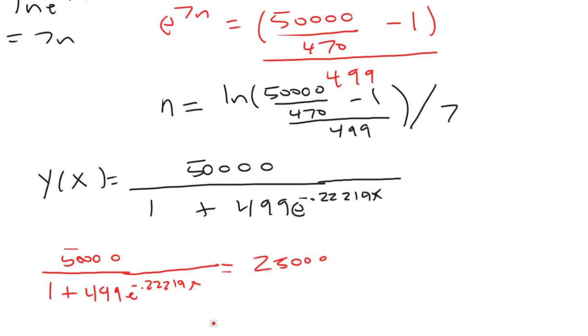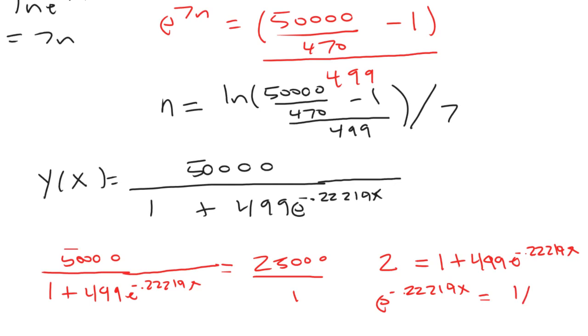Okay, now using a little bit of cross multiplication, you would figure out that 50,000 divided by 25,000 is 2. But that's equal to 1 plus 499 e to the negative 0.22214x, right? So when you solve for e, you get that e to the negative 0.22214x equals 1 over 499.